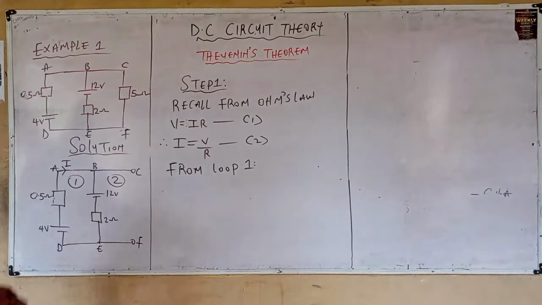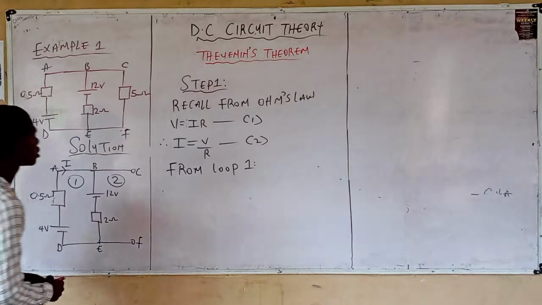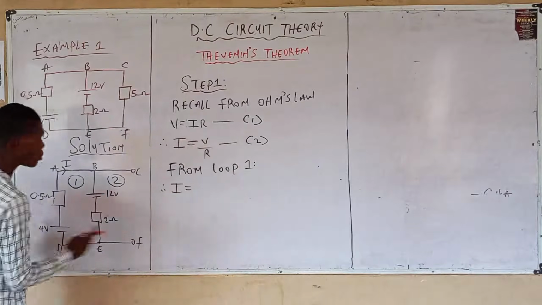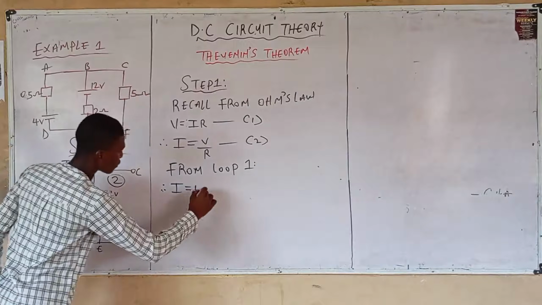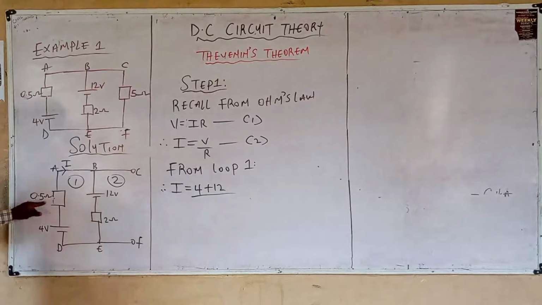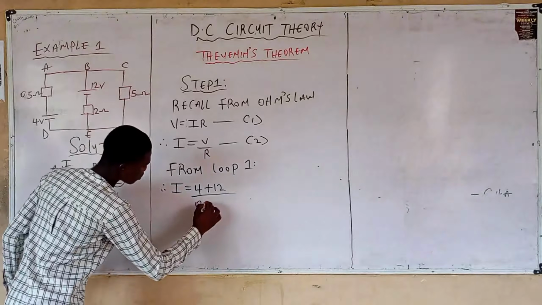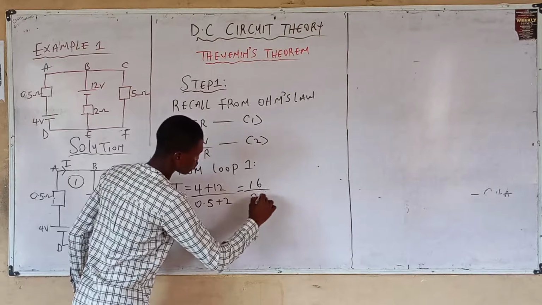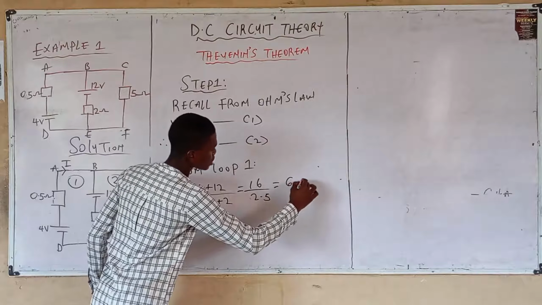For loop 1, we have 2 voltage sources, 4 volts and 12 volts. So to get the current in loop 1, sum the voltages together, 4 plus 12, over the resistances 0.5 plus 2. This is 16 divided by 2.5, which is equal to 6.4.